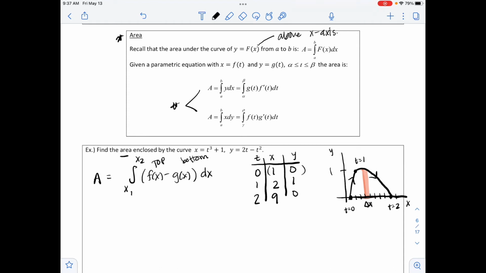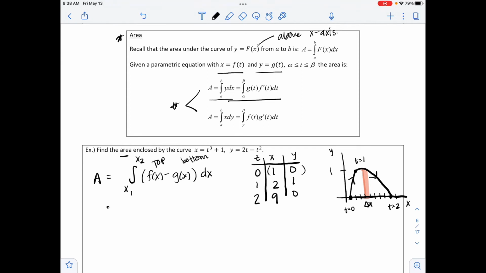So integrating this, up above, when we have dx, it's going to be y dx, which would be equal to g of t times f prime of t. And up above, you know that x is equal to f of t and y is equal to g of t.